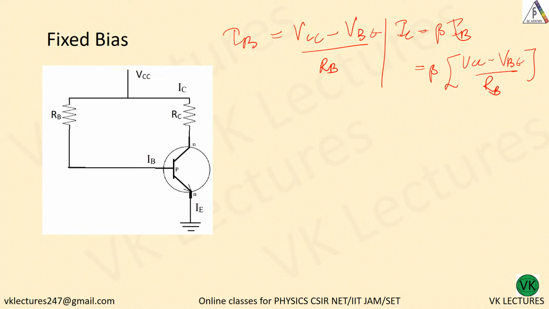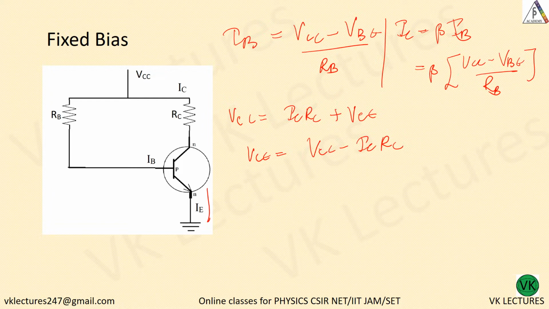Now applying this to the output, VCC equals ICRC plus VCE. There is no voltage drop across RE. So VCE equals VCC minus IC into RC. Alright.